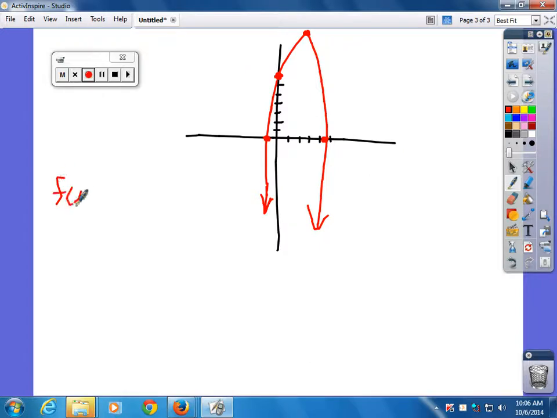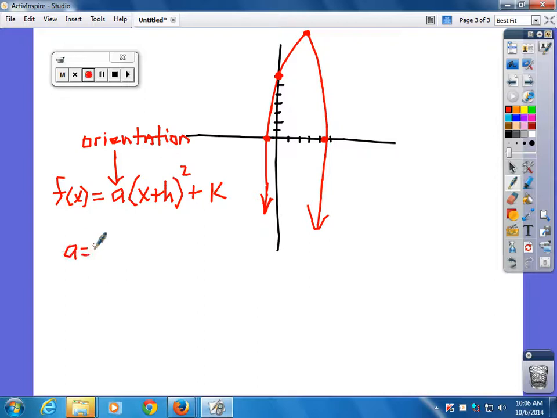f of x is equal to a times x plus h quantity squared plus k. What does a tell us? What did I tell you it told us? Do y'all have those notes, or do y'all just throw them away, or what? All right, and I told you that if a is equal to 1, that means it's the parent graph. Those 6 parent graphs.